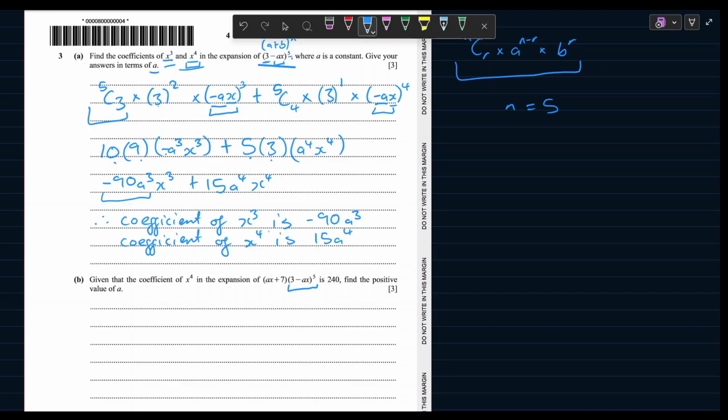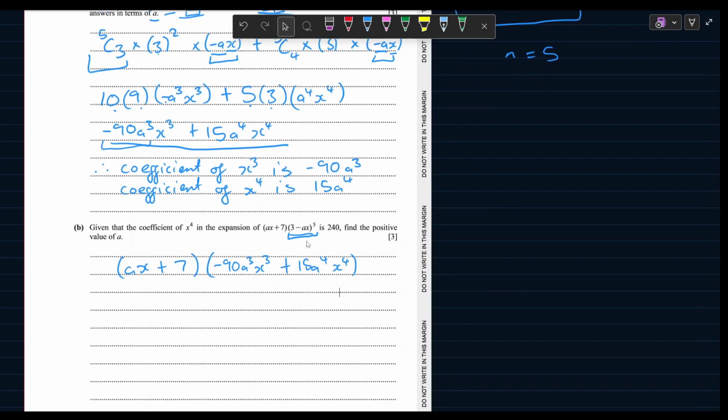And so what I'm going to do is I'm going to replace this bracket with its terms in x cubed and x to the 4. I'll explain that in a second. So that we've got ax plus 7 multiplied by this expression over here. Negative 90 a cubed x cubed plus 15 a to the 4 x to the 4.